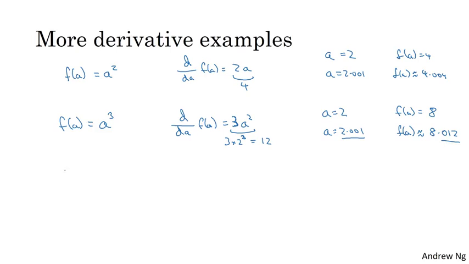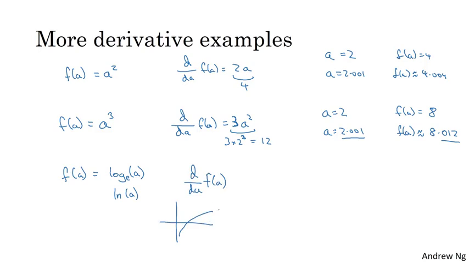Just one last example, and then we'll wrap up. Let's say that f of a is equal to the log function. I'm going to write log of a, and I'm going to use this as the base e logarithm. Some people write that as ln of a. If you go to a calculus textbook, you find that when you take the derivative of log of a, this is a function that looks like that.